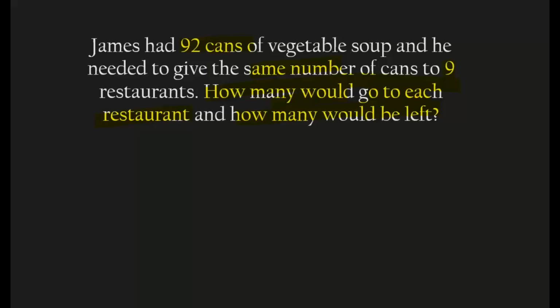So, again, we're just going to divide. So first, let's transform or make a division problem out of this. So we know that we have 92 cans, and we are dividing it by 9 different restaurants. So we're doing 92 divided by 9.